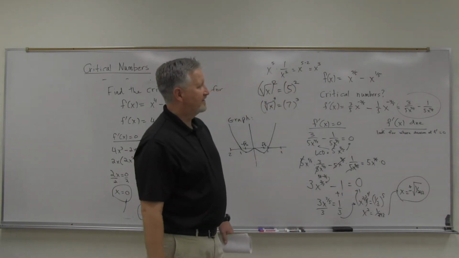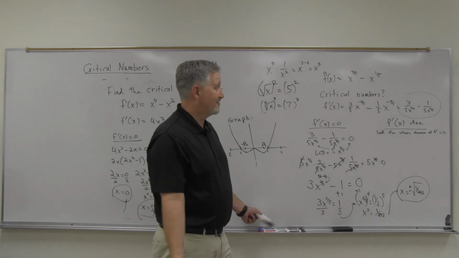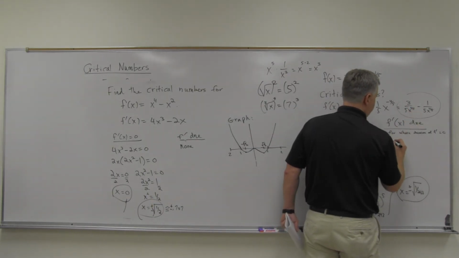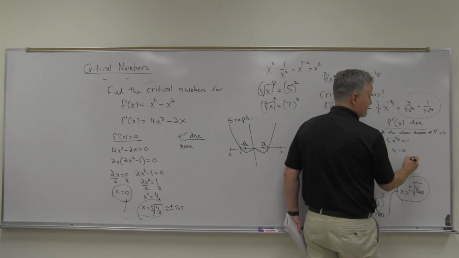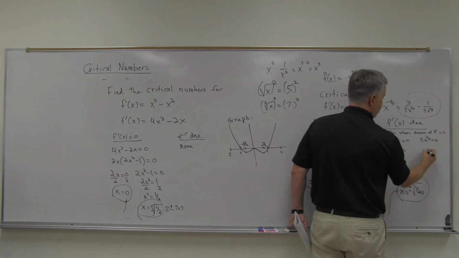So over here I've got two denominators. What would make either one of those be 0? In either case, 5x to the 2/5 equals 0 if x equals 0. And the same thing for 4/5: 5x to the 4/5 equals 0, well, x equals 0.